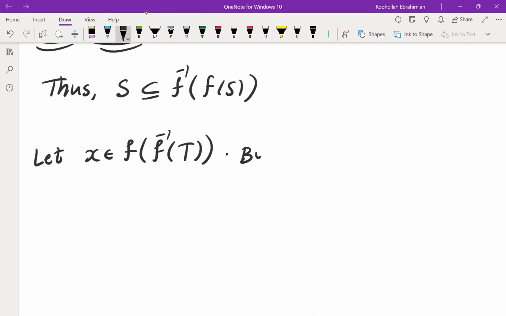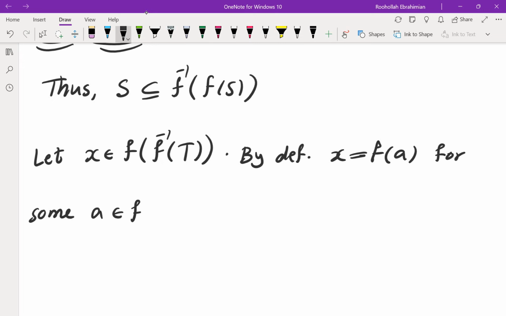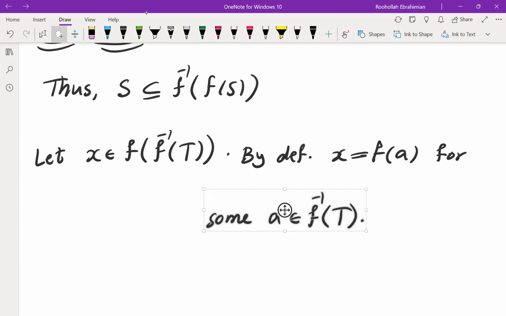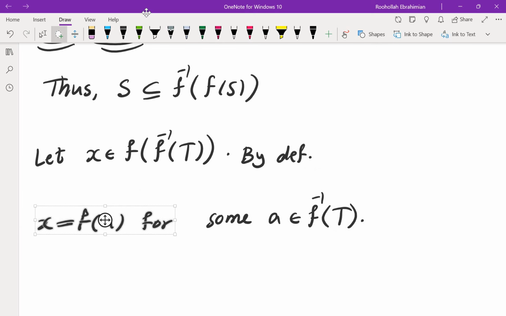By definition, x is equal to f of a for some a inside f inverse of T. This is by definition of image. It may be better to emphasize what definition I'm using here. So by definition of image, I would get that.